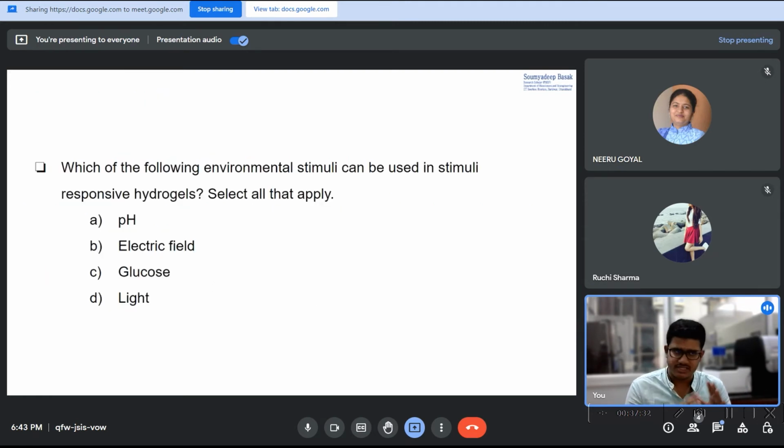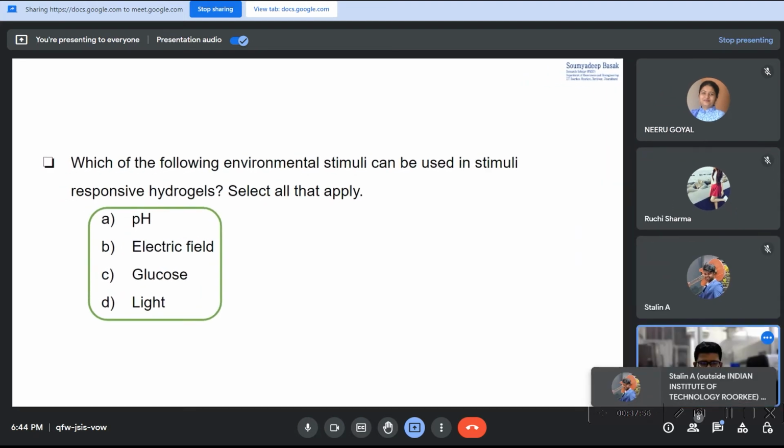So this kind of question, which of the following environmental stimuli can be used in stimuli responsive hydrogels? Select all the stimuli responsive hydrogels we used. What kind of environmental stimuli? All of them. So stimuli responsive hydrogels can be articulated by using all of them. pH, electric field, glucose, light, everything.